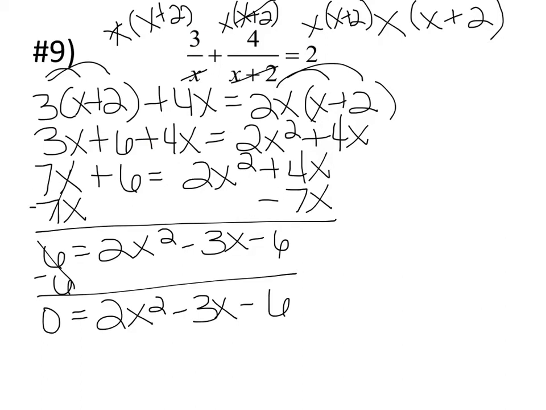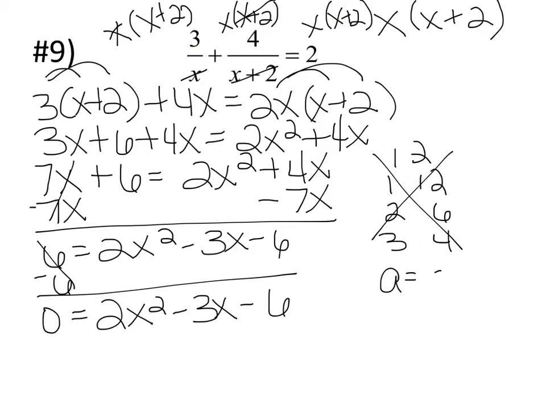So you have 2 times 6 gives me 12. Are there any factors of 12 that can give me 3? So I've got 1 and 12, 2 and 6, and 3 and 4. None of those are going to give me 3, so I'm going to have to complete the square or do the quadratic formula. So I'm going to go ahead and do the quadratic formula. A is 2, B is negative 3, and C is negative 6.